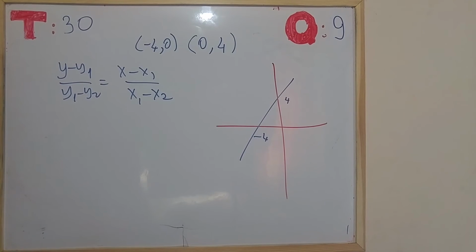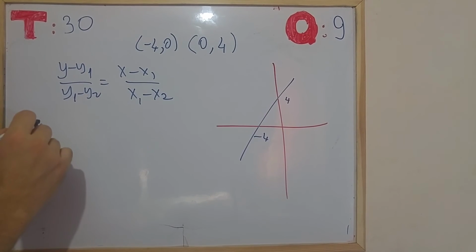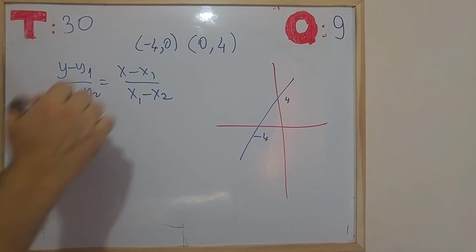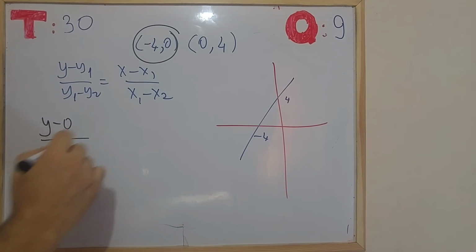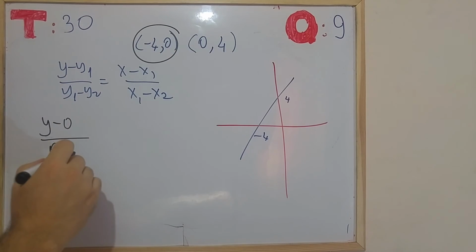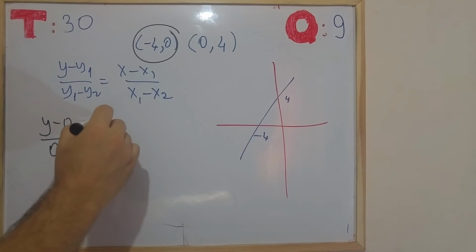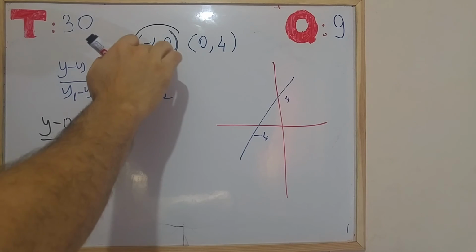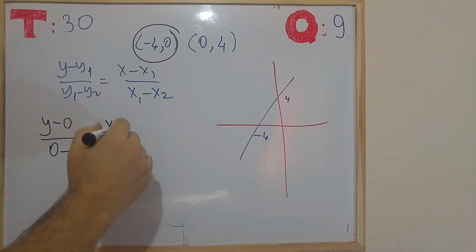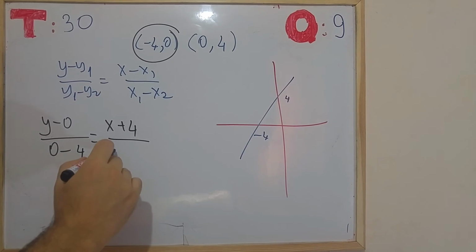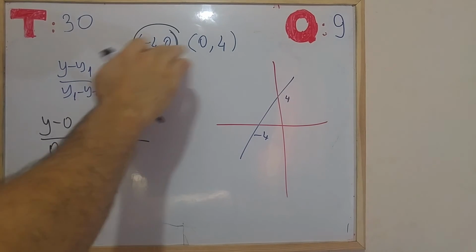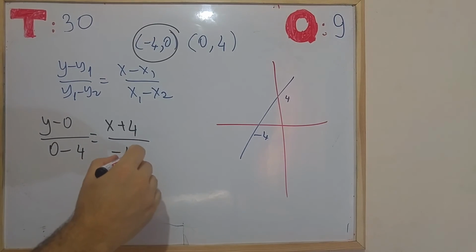Let's apply that. So what we have is, let's say this is the point 1, y minus 0 over 0 minus 4 is equal to x minus, here we have minus 4, so it's going to be plus, over minus 4 minus 0.